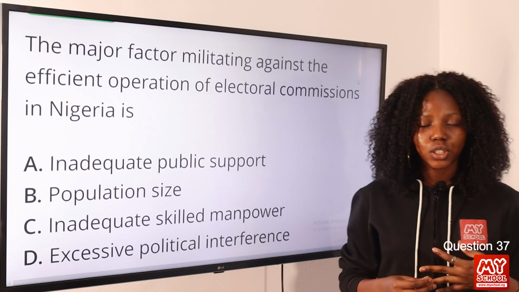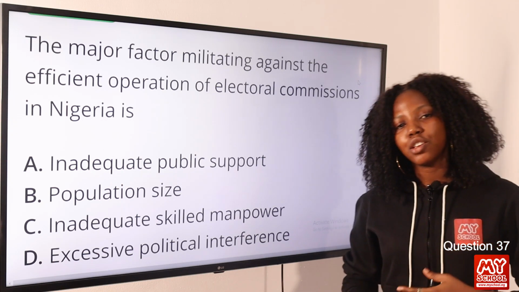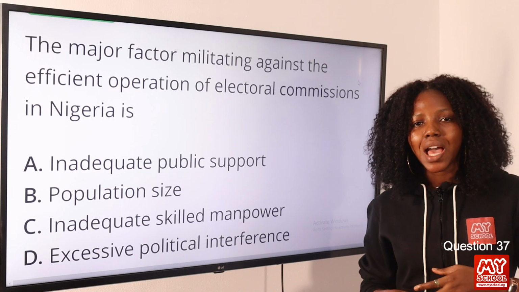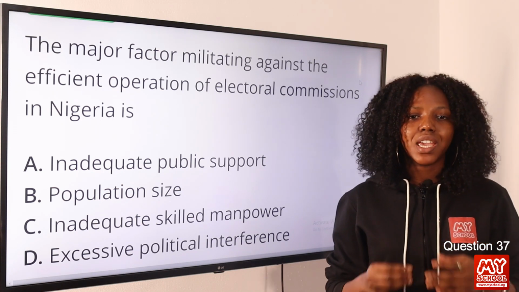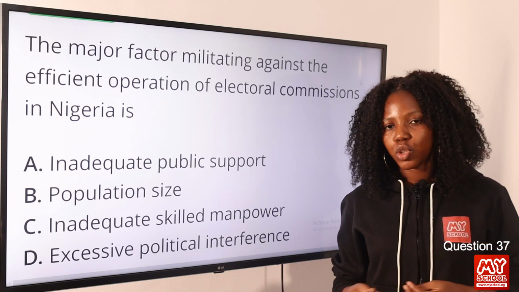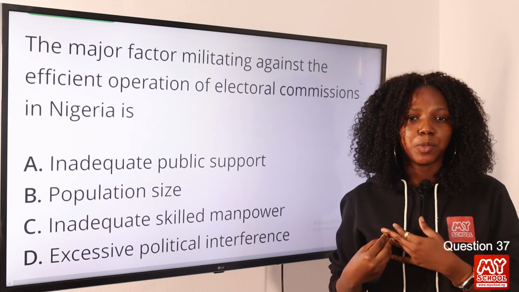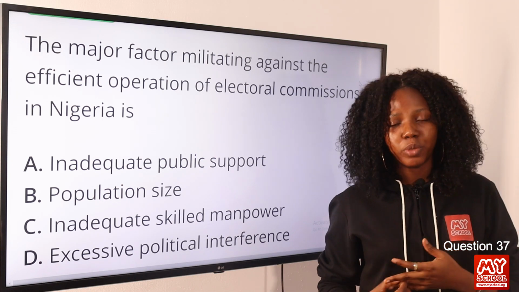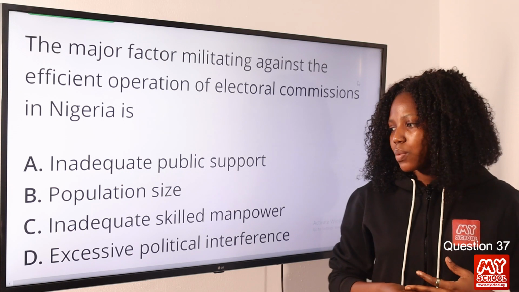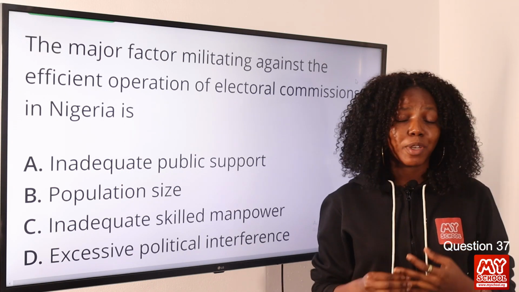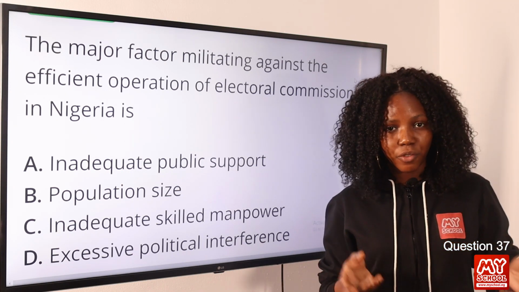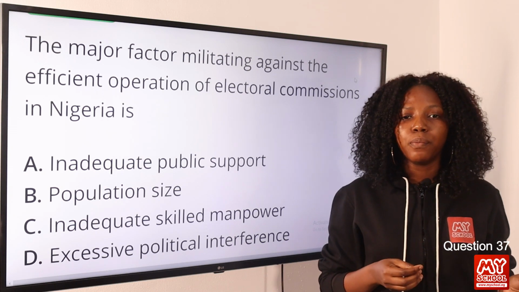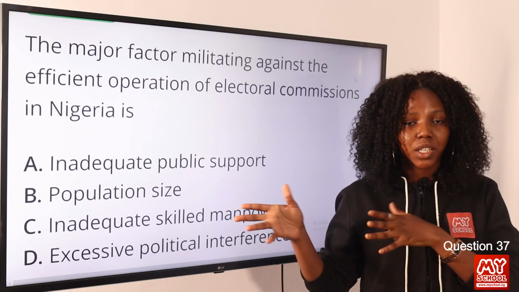Now, one of the core duties of the Electoral Commission is to ensure the integrity and the public confidence in the electoral processes, to ensure that the funding and the campaign expenditure are done appropriately. The reason why the answer is option D is because some politicians have influence over the election in their respective domains.